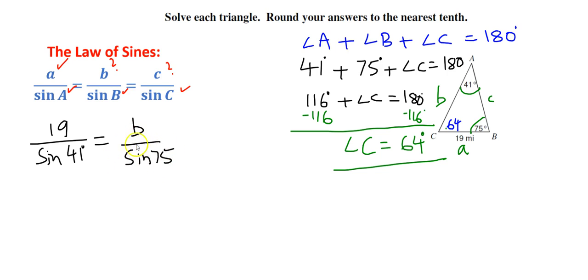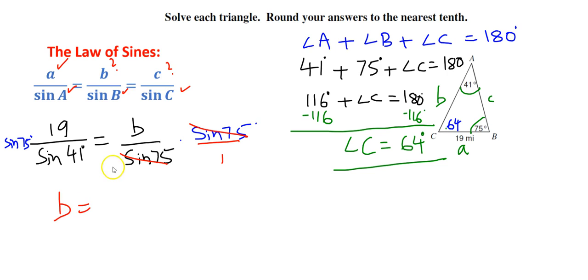It's the easiest one. Just move this sine 75 to the other side by multiplying both sides by sine 75. On the right hand side, sine 75 cancels off, like a numerator and denominator can be cancelled. Now you are left with what?